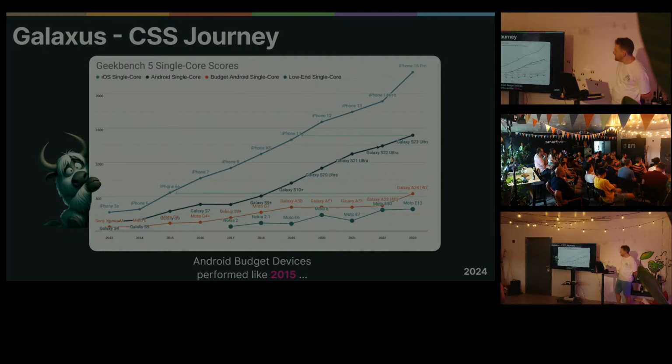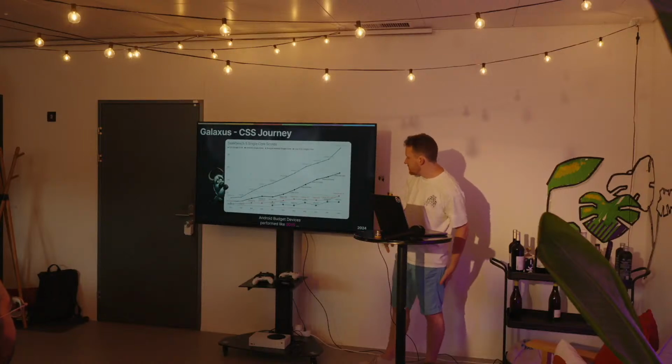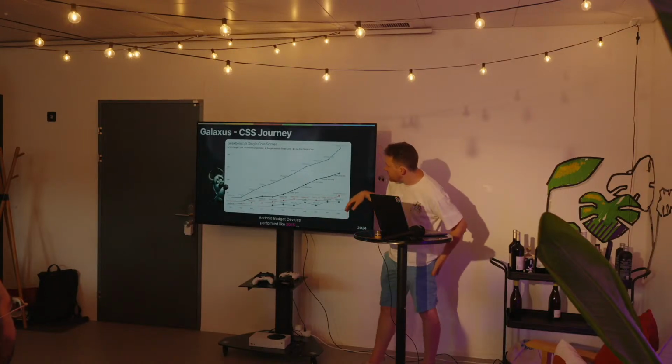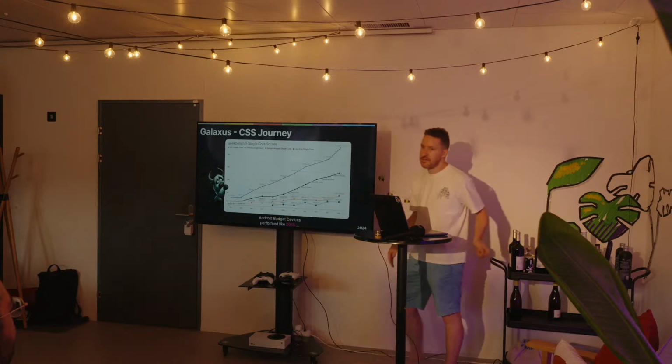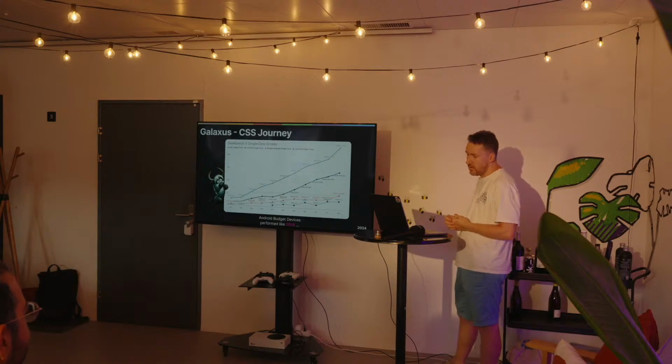And you can see there's a huge gap between, back then, the iPhone 15 and flagships for Android. But those phones are fast enough. They are not the problem. The problem are these budget phones, which when we tried that, the Galaxy was as fast as the iPhone 6s. And that was the reason why it was so horribly slow.